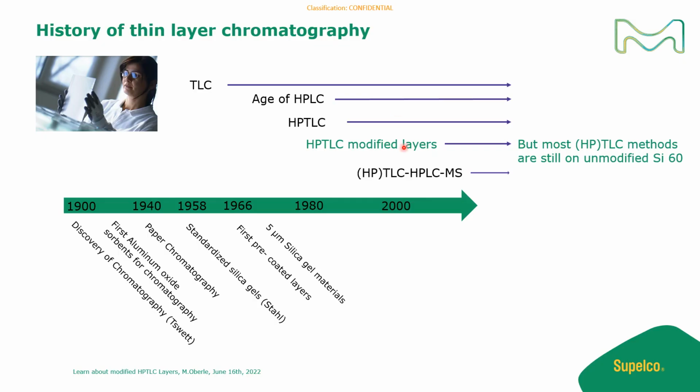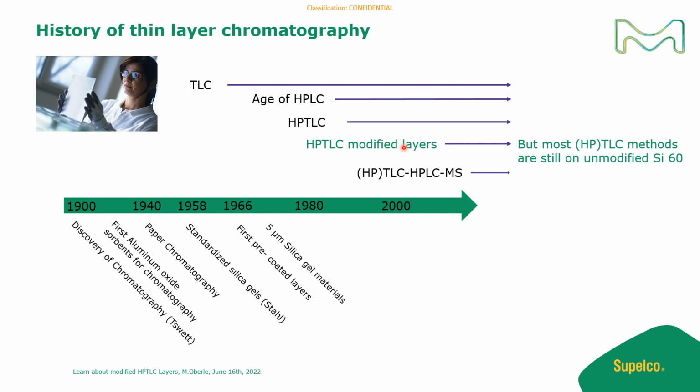Now let's begin with a brief overview of the history of thin layer chromatography. So it all starts around 1900 with the discovery of chromatography by Zweig. Then a very active phase appears with the first aluminum oxide sorbents for chromatography and the development of paper chromatography.